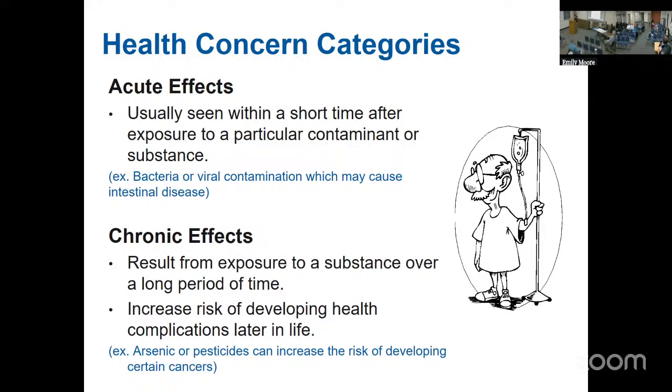Those are acute effects. And then we have chronic effects, things like arsenic or pesticides in the water that we know at elevated or increased levels will increase the risk of developing health complications from using that water as a drinking water source. But it's not from using that water once or twice.